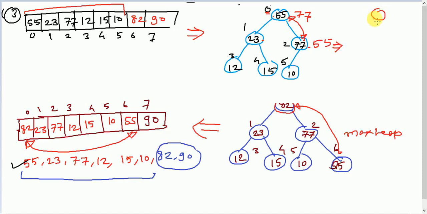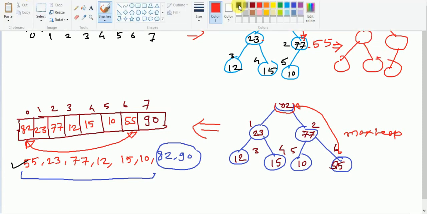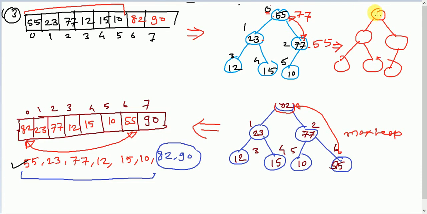So 0 index, first index, second index, third index, fourth index and fifth index. If I put the values here, this will be 77, 23, 55, 12, 15 and 10.